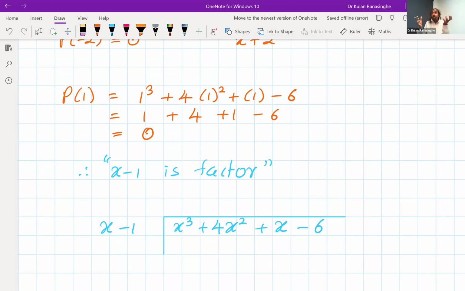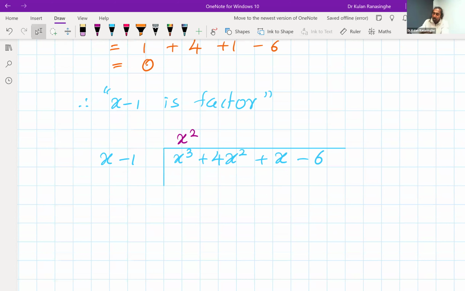That's what it means. A factor means you can break it nicely. Now we're going to divide. We look at how many x's in x cubed. That's x squared. Then x squared times x minus 1 is x cubed minus x squared.